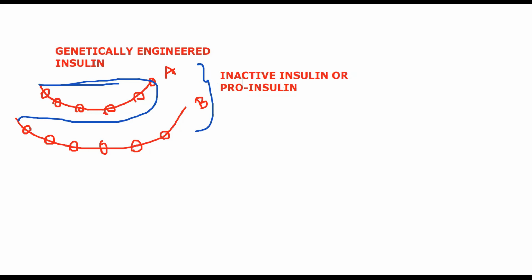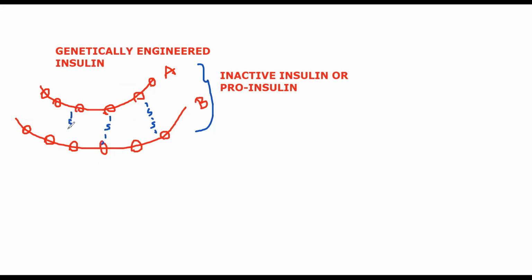This C chain, also known as the linker chain, links these two together so that we will have disulfide bridges between these two chains. Now this is the active insulin.